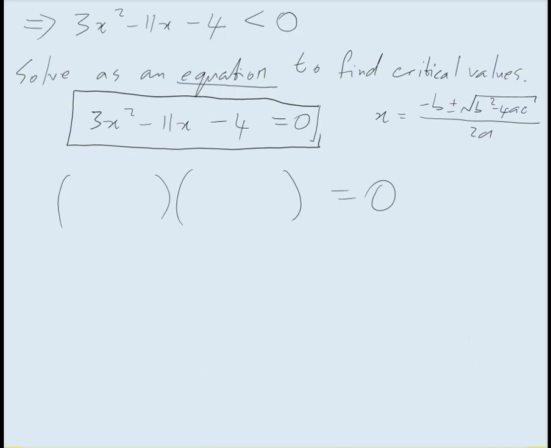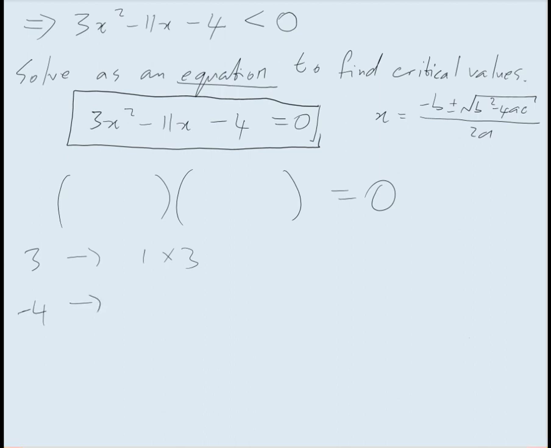We see the coefficient of x squared is 3. Now 3 is a prime number, so the factors of 3 are just 1 and 3, so 1 times 3. And the constant coefficient, the one that doesn't have an x, is in this case negative 4.